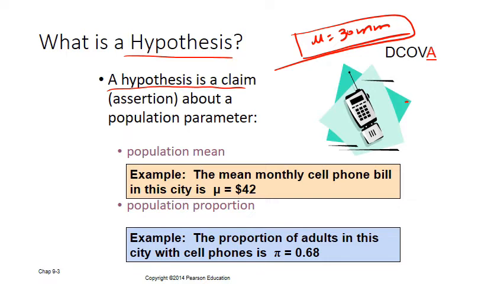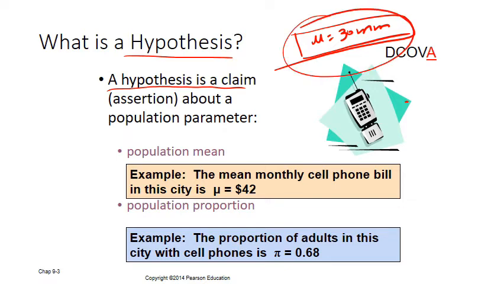Or let's take another example. Let's say you want to buy some A4 size paper with 90 mm thickness. The factory owner will say that the average thickness of his paper is 91 mm or 90 mm. He will talk about the whole production of his factory, not only one sample. So the claim is always made about the population parameters.